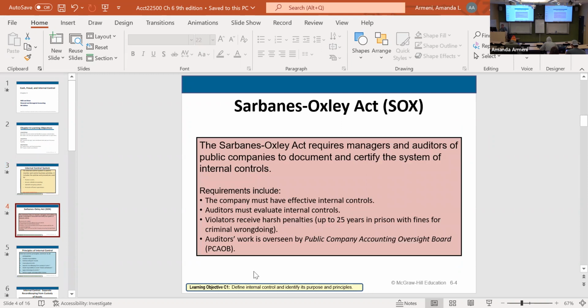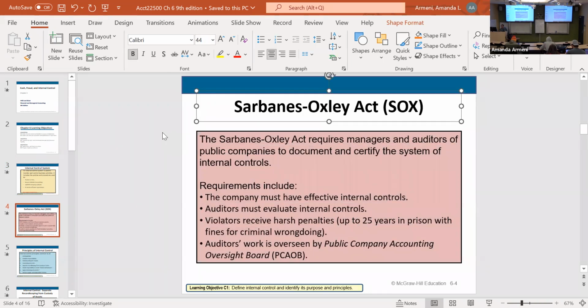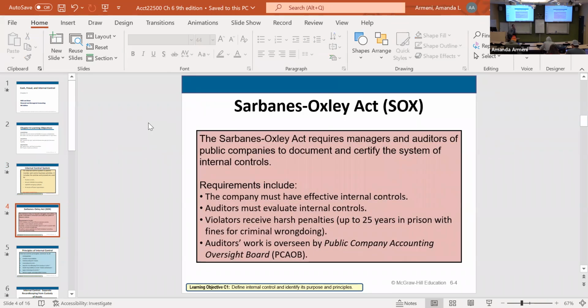Why am I talking about this with you? The reason is because there was a rule that came out. It's called the Sarbanes-Oxley Act of 2002. This was a piece of legislation. I think we may have talked about this in chapter 1, which was like 10 years ago.